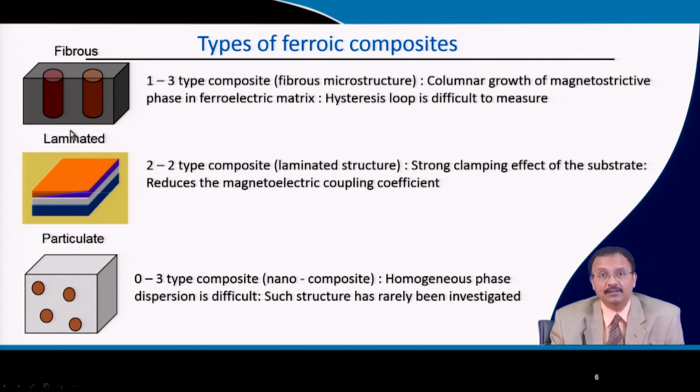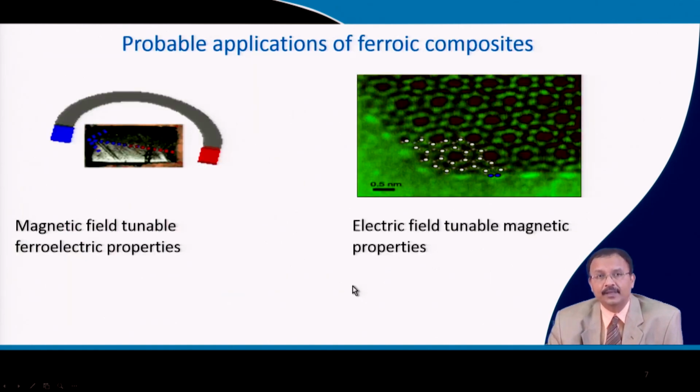But this kind of composite, as far as multiferroic composites are concerned, is relatively less studied. Few reports can be found in the literature. Therefore, this needs to be studied in a bit more detail.